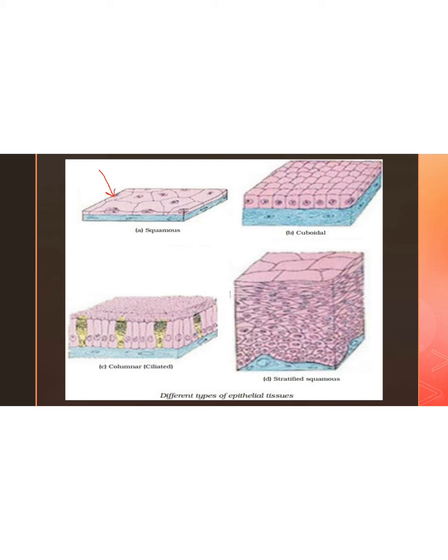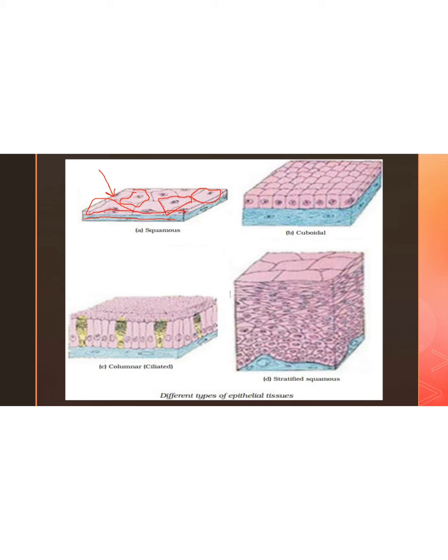The cells of the squamous epithelium are very flat. This green portion is the basement membrane, and over that there is only a single layer of squamous epithelial tissue. The cells are very thin and flat, compactly present without any intercellular spaces. So that is the structure of the squamous epithelium.